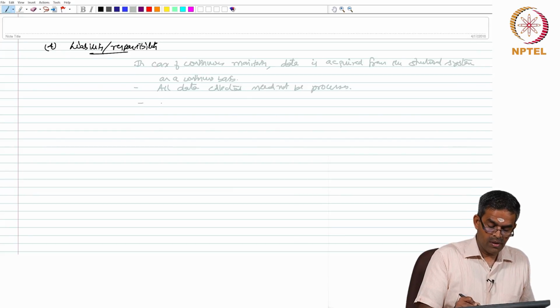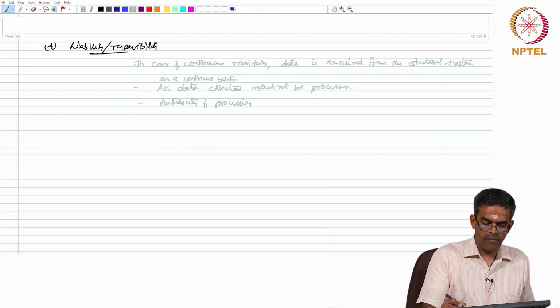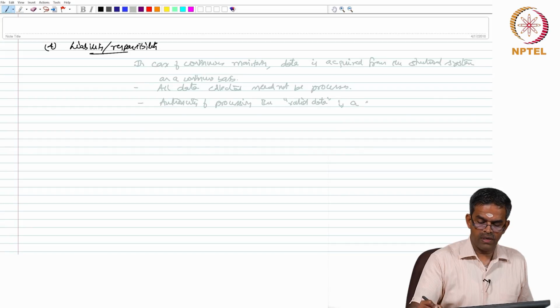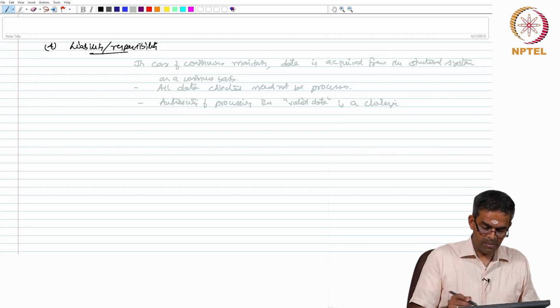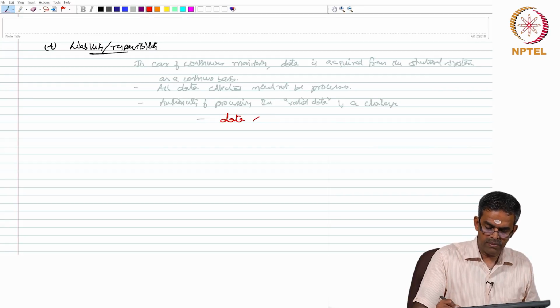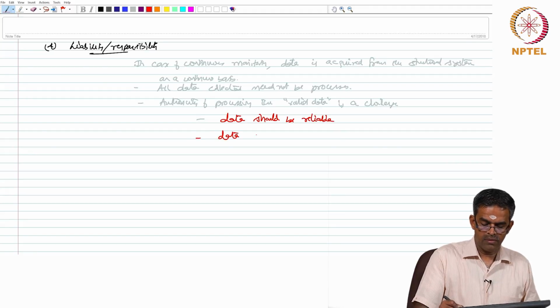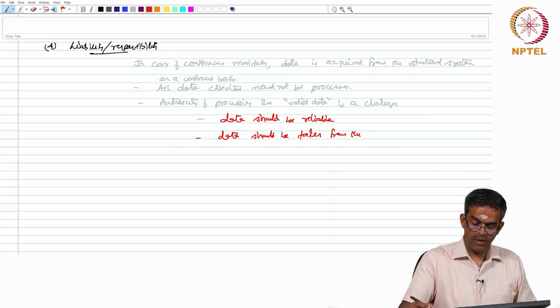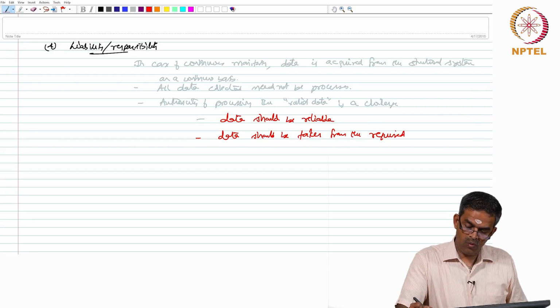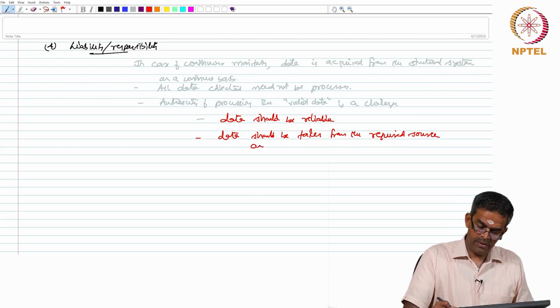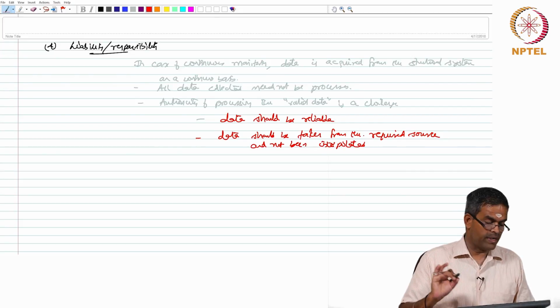Therefore, authenticity of processing the valid data is a challenge, because the data should be reliable, the data should be taken from the required source and not been interpolated. It is a direct field data.